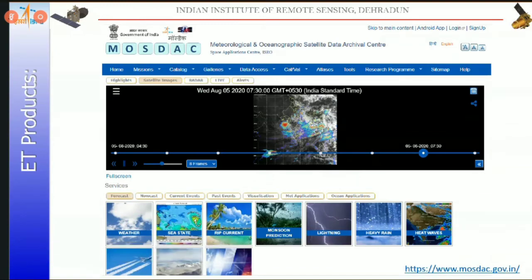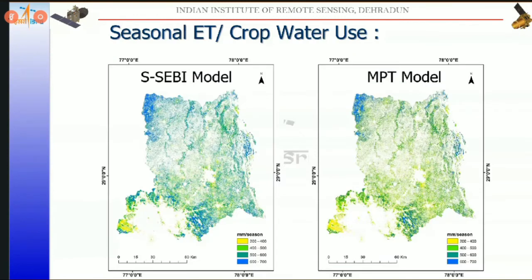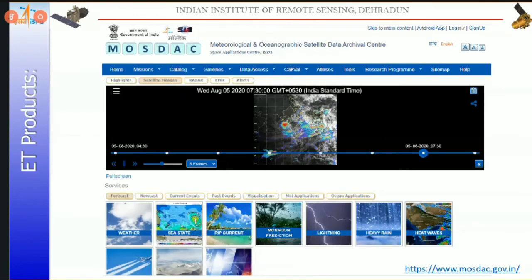Now come to some specific ET products, which are readily available and free of cost, so you can easily download them and compare your output, your findings, with the particular data sets, and you can make a judgment whether I am on the right path or on the wrong one. Like whether the data set I computed is accurate, near to accurate, or completely wrong. So using the ET products also we can use the already set data sets.